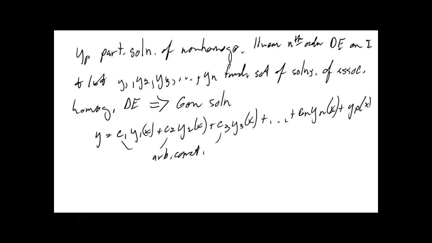It's also called the complementary function for equation 7. So this part was called the general solution for the homogeneous part, but now it's called the complementary solution for the non-homogeneous part, because when you add the complementary with the particular, you get the general solution.